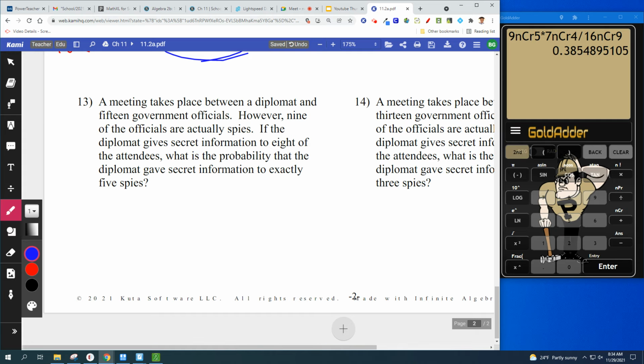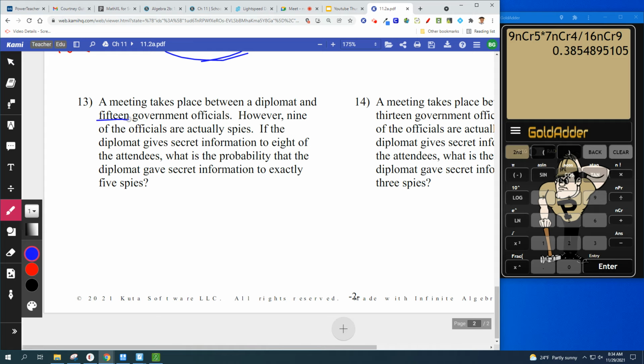Number 13. A meeting takes place between a diplomat and 15 government officials. However, 9 of the officials are spies. If the diplomat gives secret information to 8 of the attendees, what is the probability that the diplomat gave secret information to exactly 5 spies? Whew, there's a lot going on there, right? Okay.